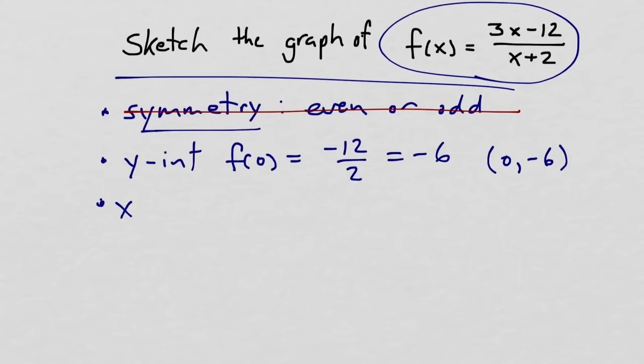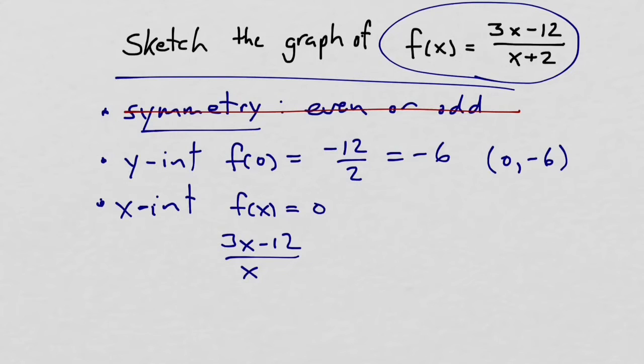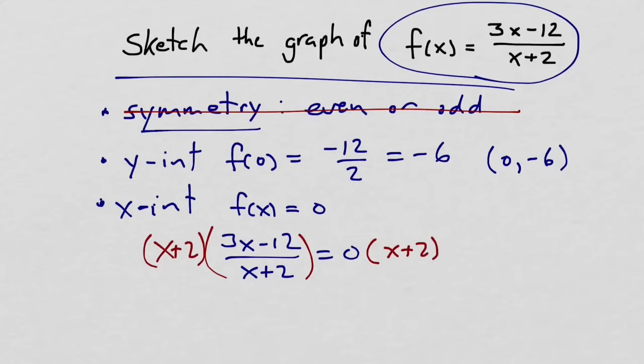For the x-intercept, another important point on the graph, I want to solve the equation f of x equals 0, and for rational functions that's going to happen whenever the numerator equals 0. Because to solve this equation, the first thing I'd like to do is multiply both sides by the denominator to cancel it out on the left hand side, but 0 times x plus 2 is still just going to be 0.